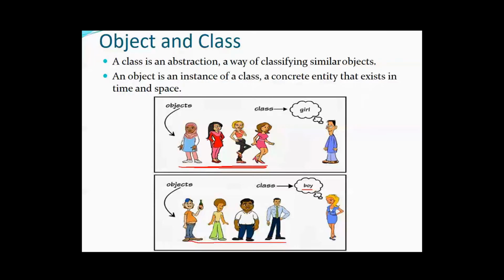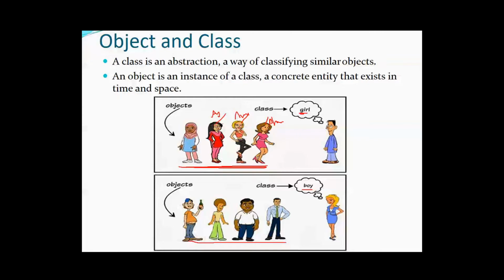When you create an instance from the class, you create a new object. This is a new instance. For example, this is Rahma, and this is Aya. They are all instances of a girl. They are objects, so we can say instance or object.